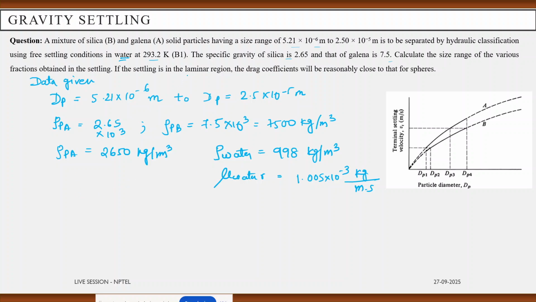Following the laminar region, you can have the terminal settling velocity as follows.